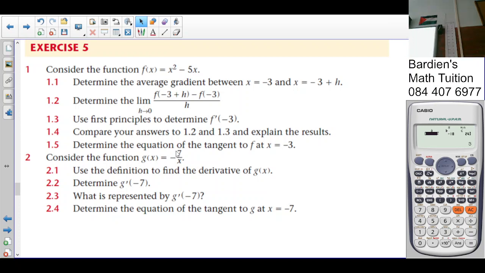So here we are told to determine the average gradient between -3 and -3 plus h. What was that answer there?